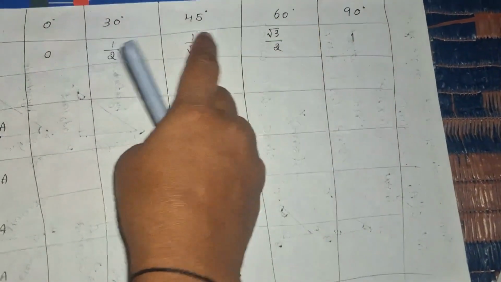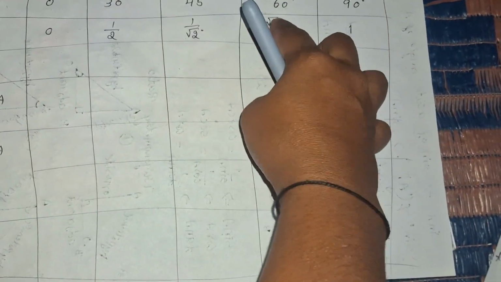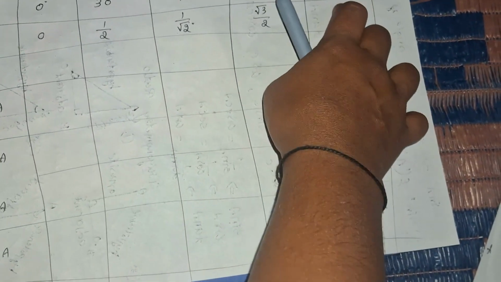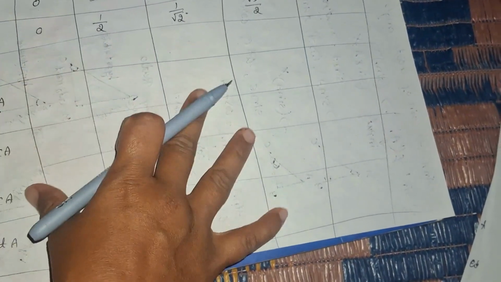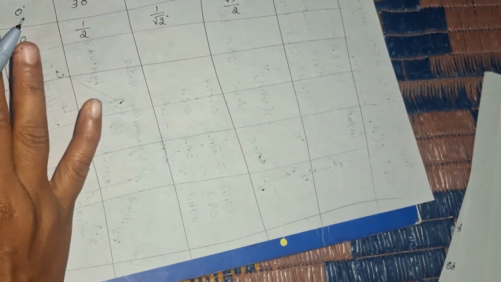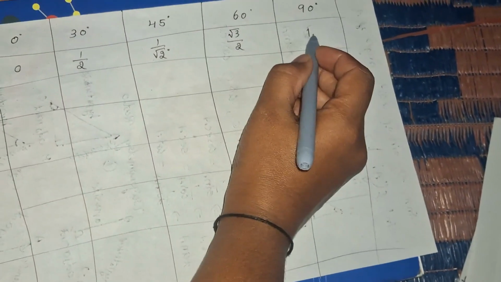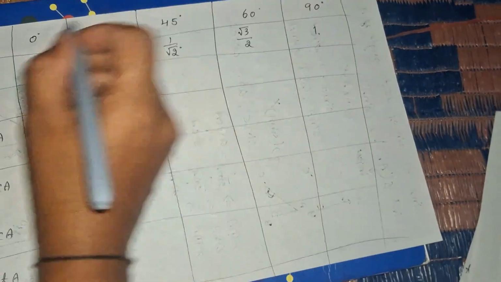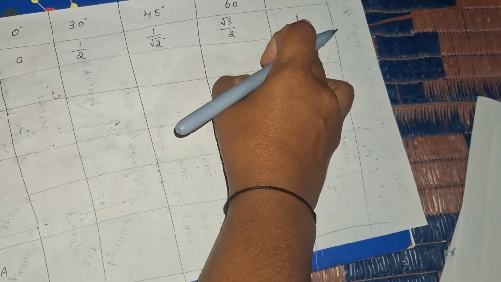You mug up only the sine A angles: 0 degree 0, 30 degree 1 by 2, 45 degree 1 by root 2, 60 degree root 3 by 2, 90 degree 1. Suppose how to write cos A? Cos A is nothing but the reverse. What is the value at 90 degree? We write it at 0 degree. It is 1.